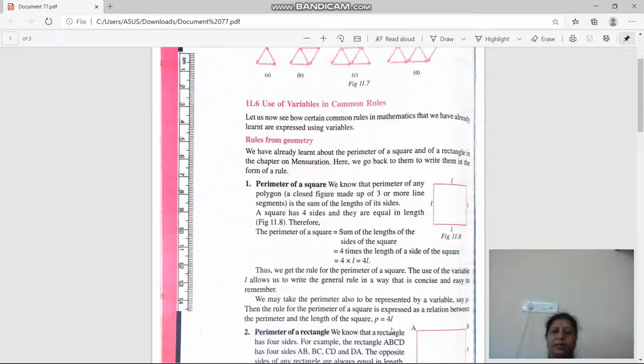So, does everyone understand how it is P is equal to 4L? P stands for perimeter and L for the length of each side of the square. Okay, 4L because L plus L plus L plus L is 4L. So, does everyone understand this?